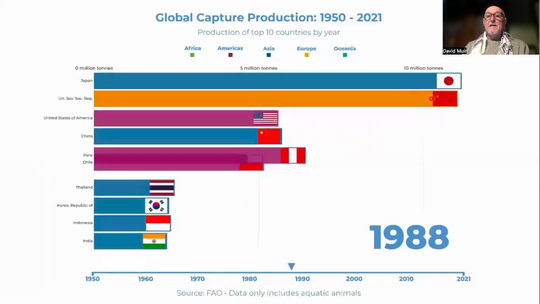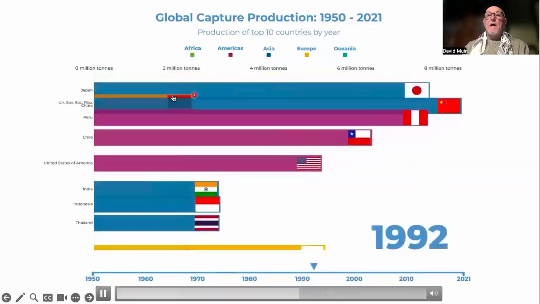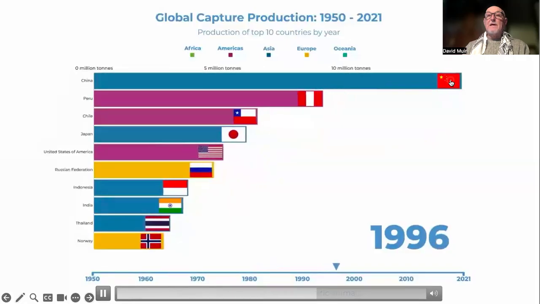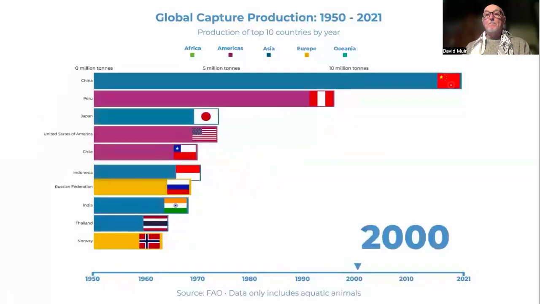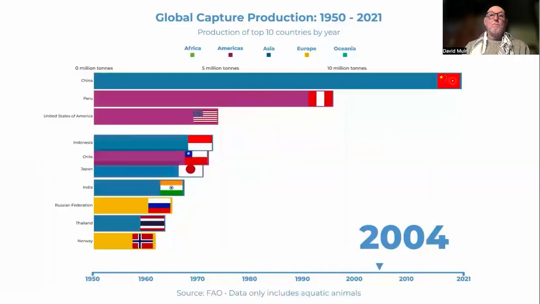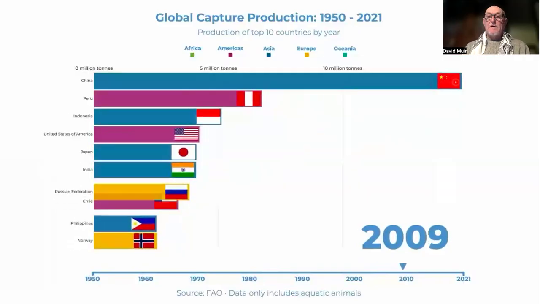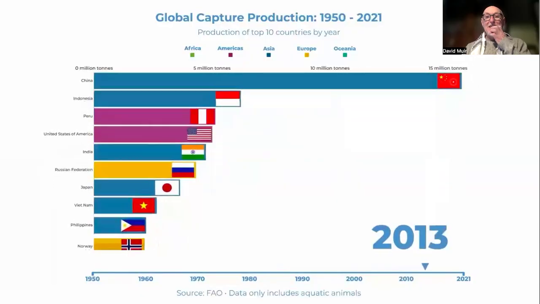By 1990, China takes over, undergoes some political difficulties, but recovers. 10 million, 15 million tons. And it's going to stabilize at about 15 million.